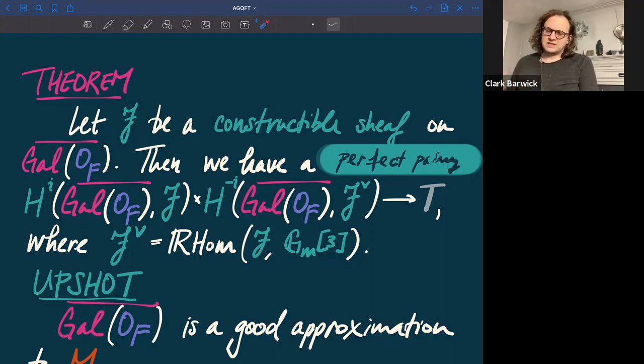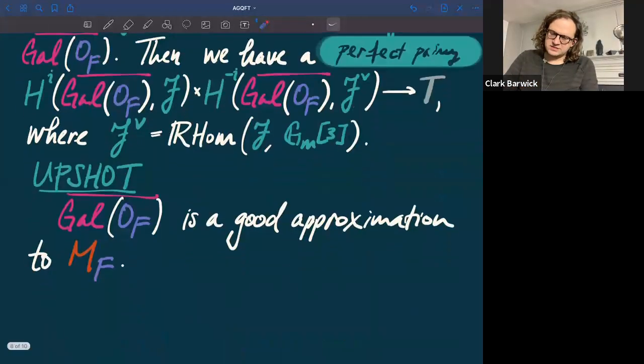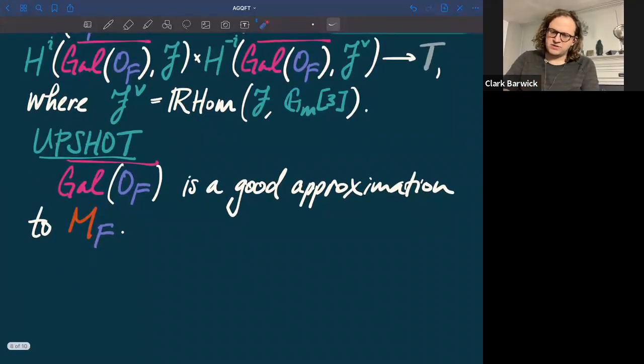But the point is that I'm avoiding some of the problems at the boundary of the theory. So my upshot is that this compactification is a reasonable approximation to our MF. It's not got everything that we could hope for, but it's a reasonable approximation in the sense that it is a stratified homotopy type that seems to be naturally associated to this MF.